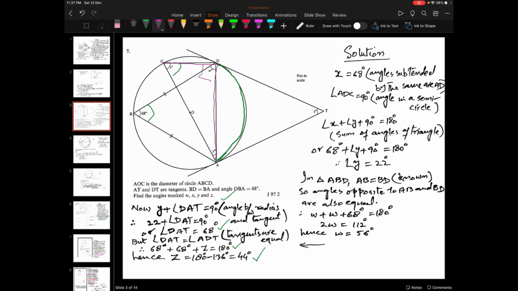The reason is angle subtended by the semicircle. Now we consider triangle ABD. The sum of angles of a triangle is equal to 180 degree. So angle X plus angle Y plus angle 90 is equal to 180 degree.